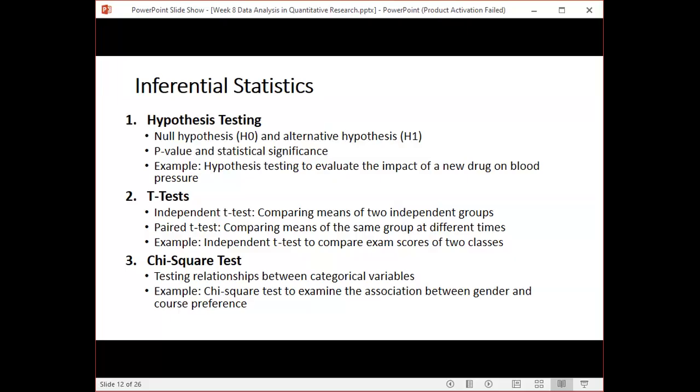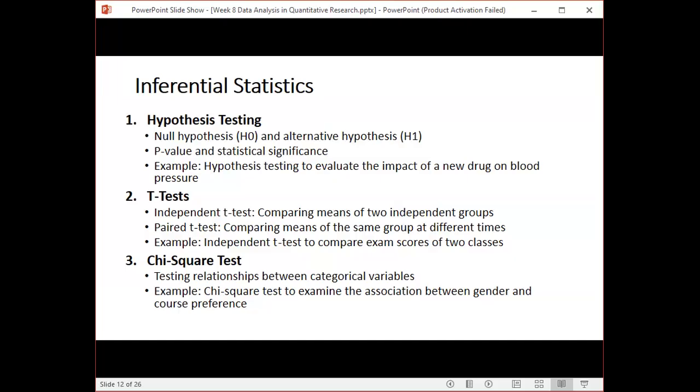Okay, so I'm comparing the means of two independent groups, let's say between males and females. I collected data on your scores in exams, and I want to find out whether the average performance of males is the same as the average performance of females, or the average performance of males is not the same as the average performance of the other group. Okay, so it's a test on its own. It's also hypothesis testing that there's a difference between the two groups or there's no difference between the two groups.